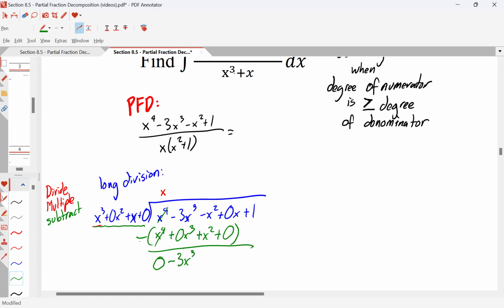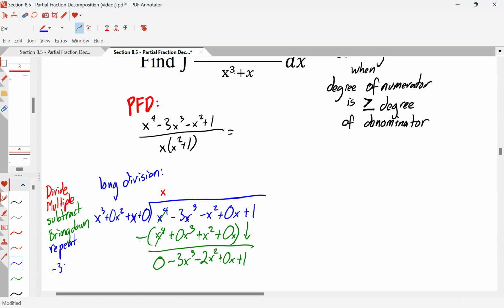Minus x squared minus another x squared is negative 2x squared. 0x minus 0x is 0x. And then we bring down that 1. And then repeat. Look at the first terms and divide.